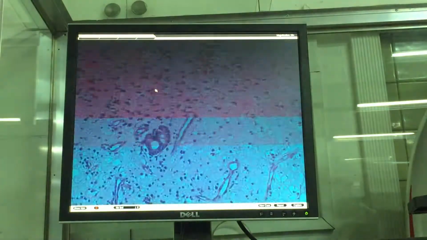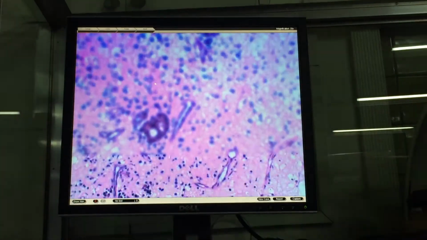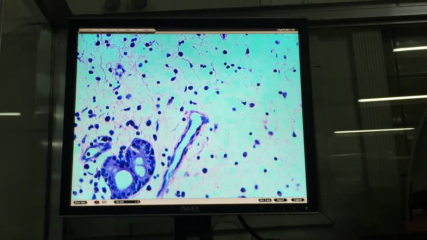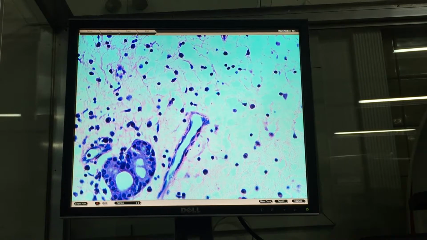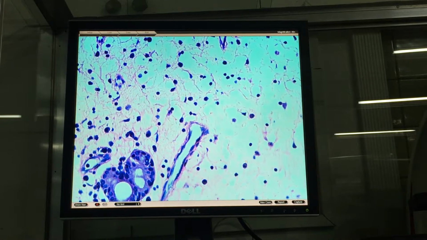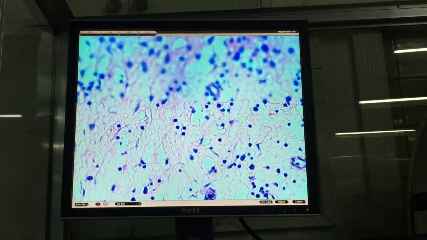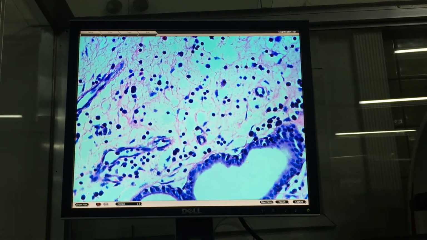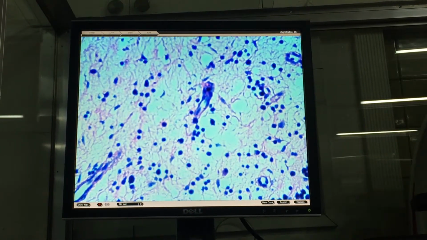High power, and within the stroma are scattered inflammatory cells. You see plasma cells here, lymphocytes. You have many lymphocytes. Somewhere probably are eosinophils. So the diagnosis is inflammatory nasal polyps.